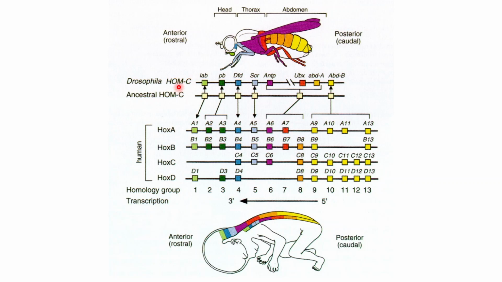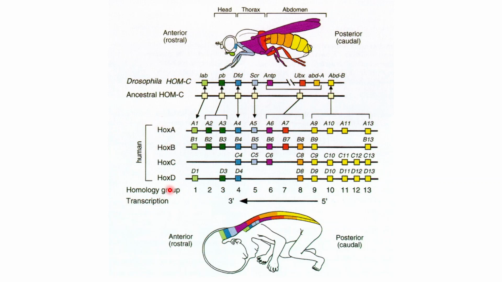If you see homeodomain protein C, we have different genes here: lab, PB, DFD, SCR, antennapedia, ultrabithorax, ABDA, ABDB. So these are different Hox genes. While in the ancestral homeotic complex, you can see there is so much sequence similarity and conservation. You can find the genes at the same region in the ancestor as well as in the Drosophila.